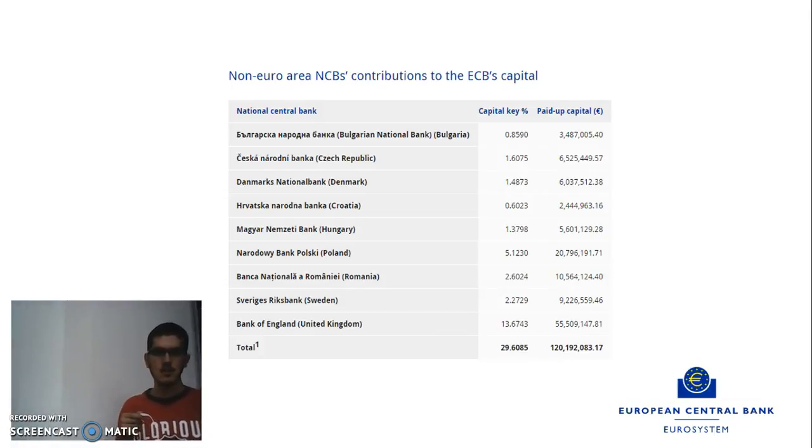This is the last graphic of the non-euro area contribution to ECB capital. The least one is Bulgaria, with only 0.85%.